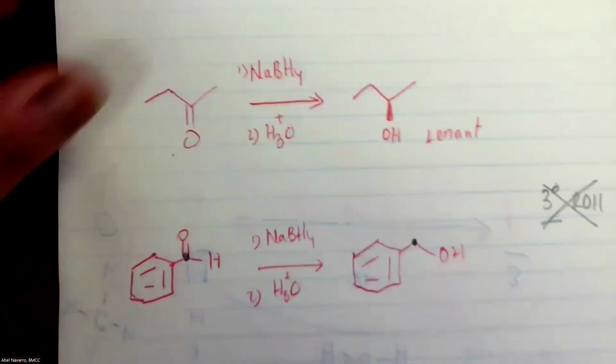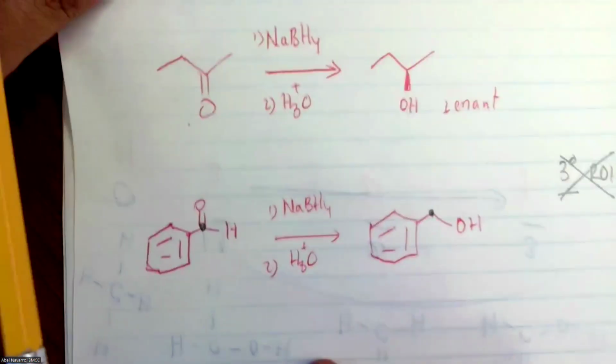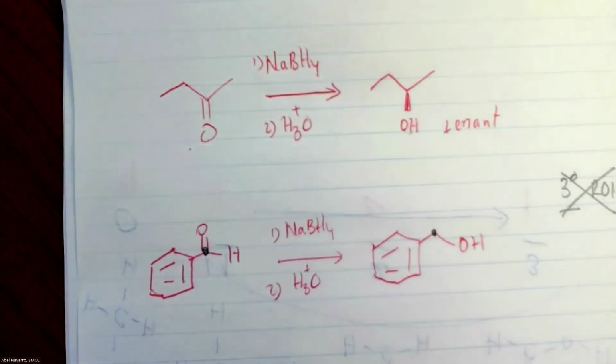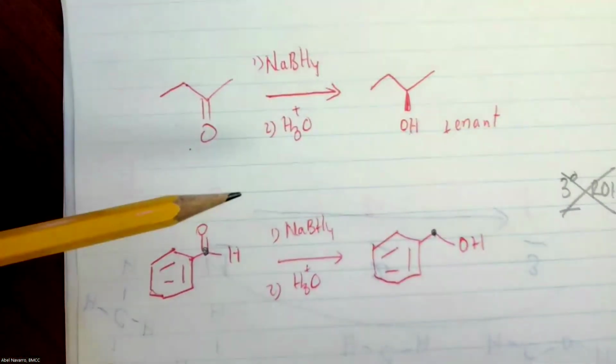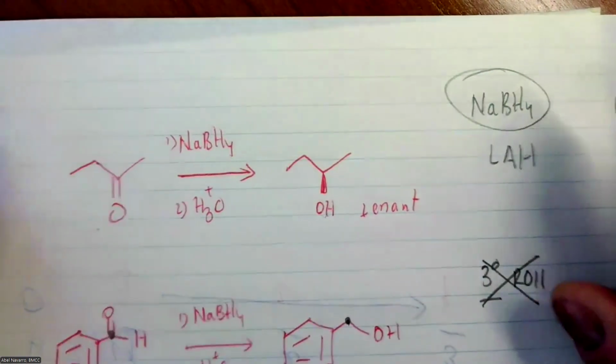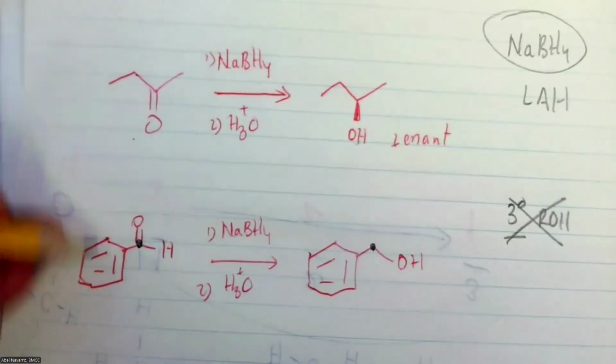Okay, Professor, what happened with LAH? That is coming next. Sodium borohydride is a mild reducing agent. You saw on this slide that you had sodium borohydride and also LAH, two reducing agents. Sodium borohydride is a mild reducing agent, and that's really what we use for ketones and aldehydes.